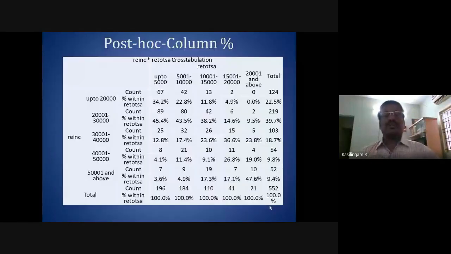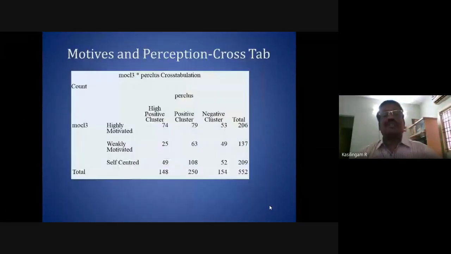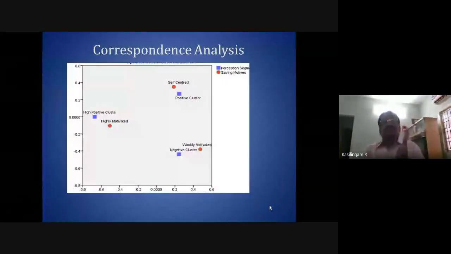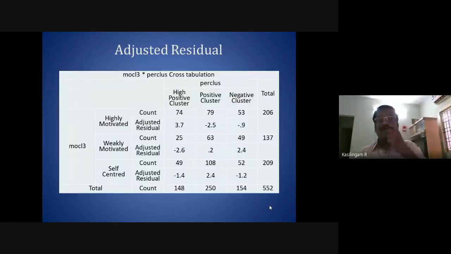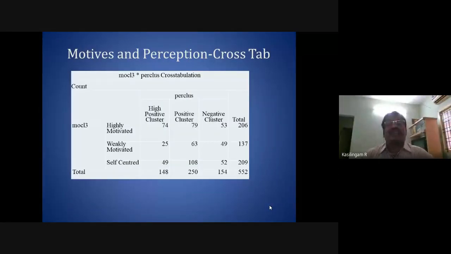Okay. So somebody has asked me a question. Now I have taken one more example, right? I have taken the motives and perception cluster.